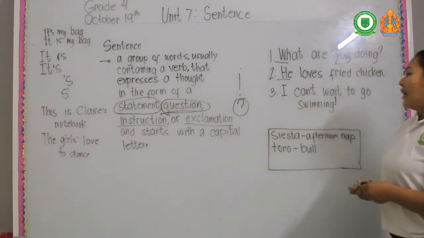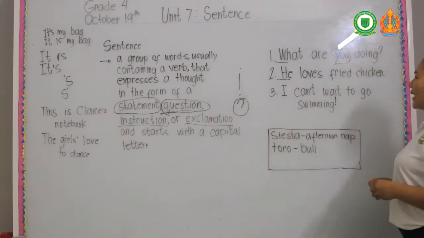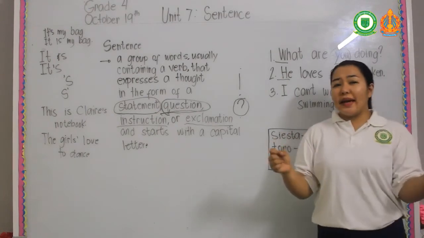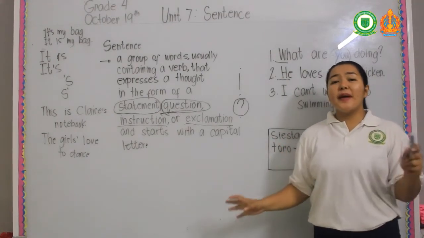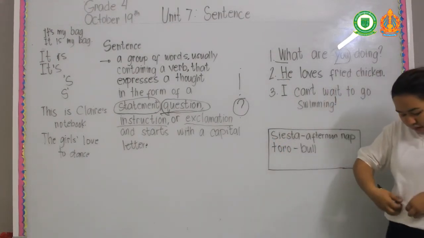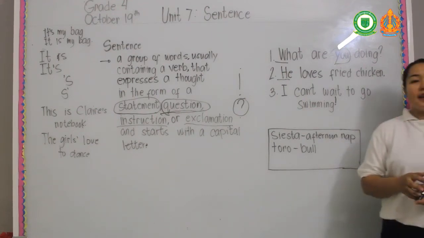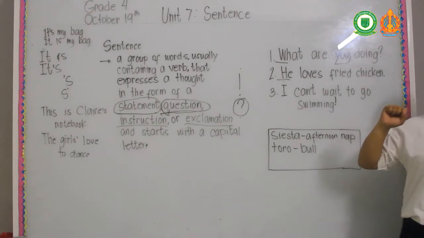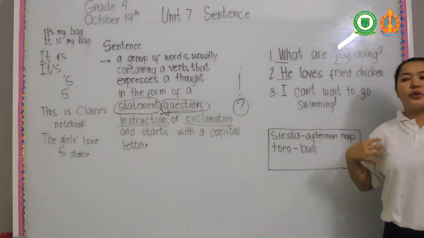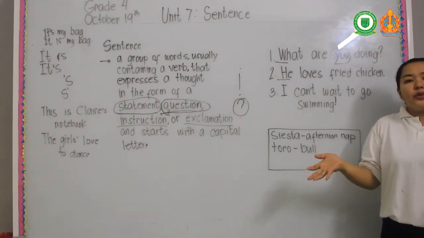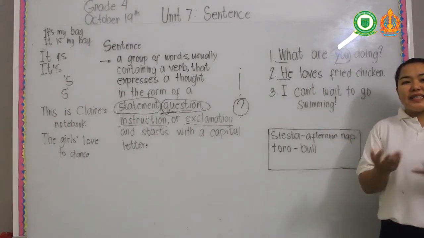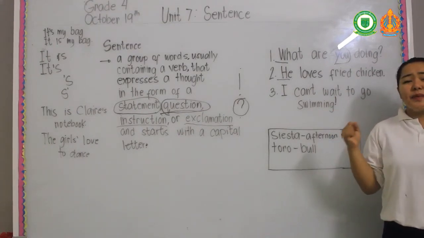Okay? Alright? And next, I can't wait to go swimming. I can't wait to go swimming. I use an exclamation point because I want to show you that this sentence shows excitement, like, I want to go swimming.